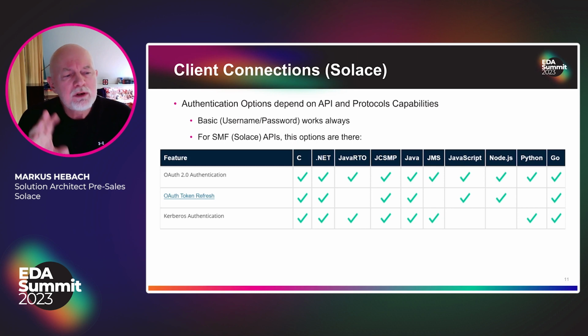And for the Solace-specific API, which is available in the shown programming languages or technologies, you have different options besides basic username password, and of course certificate-based connectivity or authentication.